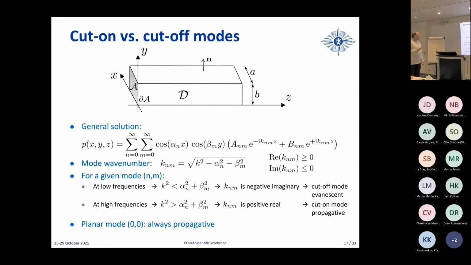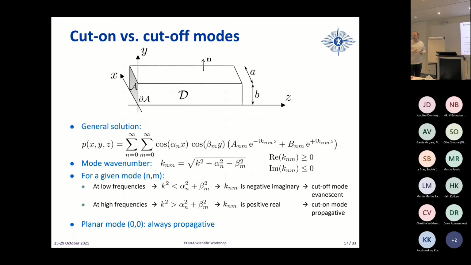One particular mode is the case n equals 0, m equals 0, where alpha n is equal 0 and beta m is equal 0. And the square root of k squared, remember k is the wave number, it's always real, it's omega divided by c0. So it means that this one will always be equal to k, and therefore the plane wave mode is always propagative.